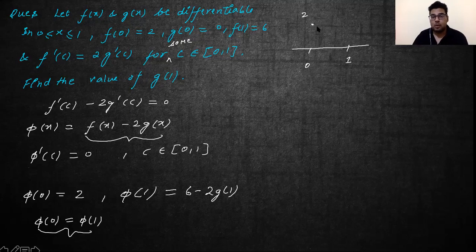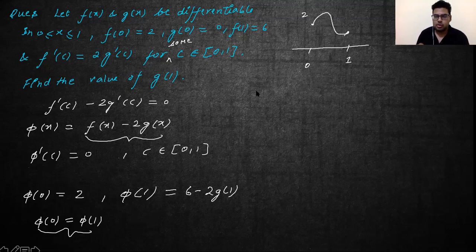Now, if we have a function which goes from here to here, everything is satisfied, it looks good. But apart from this, let us say we have some other function which is moving like this.